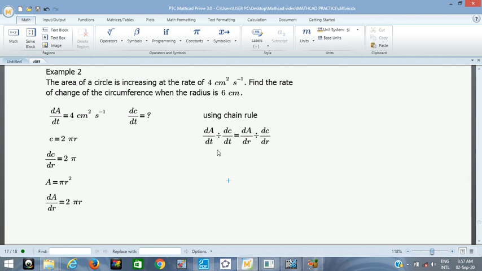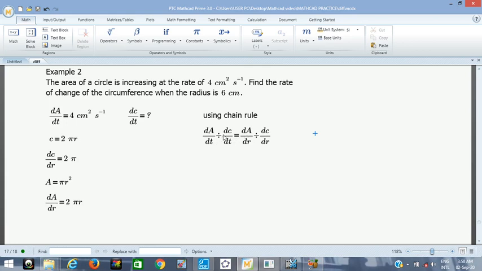You get the principle here. Let me just solve it out so that you see what we are talking about. If I solve this out, you will discover that dt will come up, dC will come down, so dt cancels dt, and we are going to have dA divided by dC. Here, the r will come up, the C will come down, you understand? So the r cancels the r, and I'm going to have dA divided by dC.